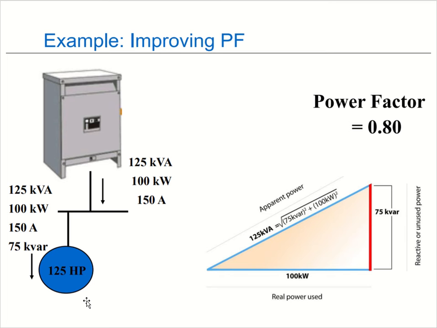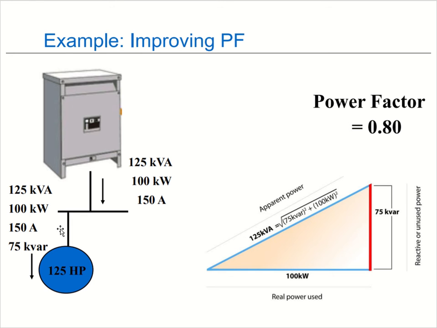So here's an example of improving your power factor. Here we have a transformer or a capacitor bank, which shows a 125 horsepower. In order to determine your amperage, you can look at the NEC 2020 table 430.250, and you will find the full load amps based on a 460 voltage.